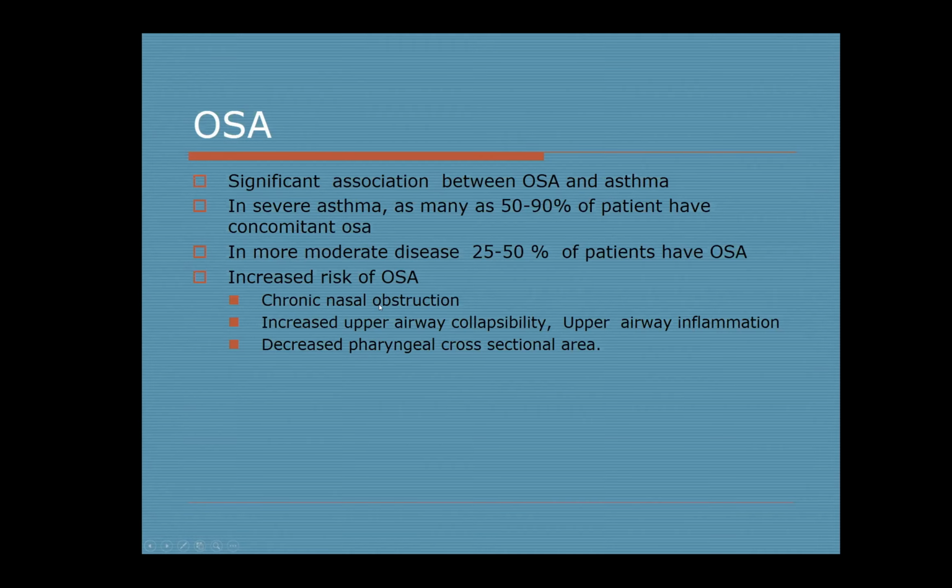Chronic nasal obstruction. If you have nasal polyps, you're going to be prone to having sleep apnea. Increased upper airway collapsibility. If you've been coughing and having inhaled corticosteroids your whole life, you're going to have a weakened upper airway, inflammation, decreased pharyngeal cross-section area, so you're more prone to GERD and to reflux.